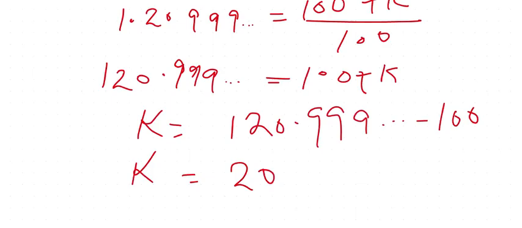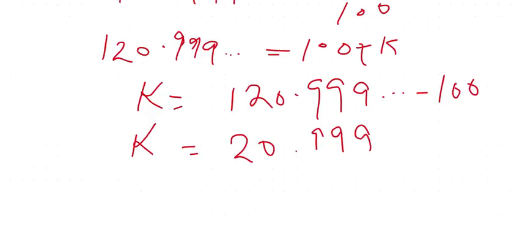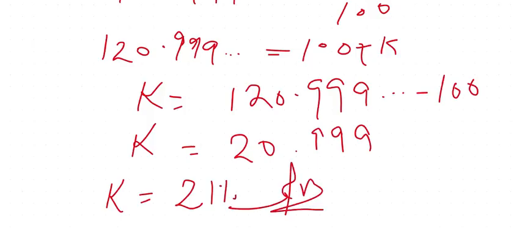Okay, so when rounding to the nearest percentage value, we get k equals 21%. Okay, when we round the values, the value is 21%, okay? So this is the required answer of question number 1.4. Okay.